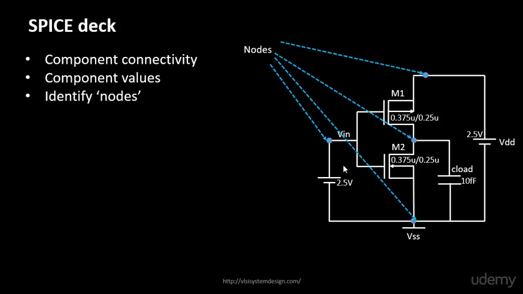For example, this M1 transistor is defined between three nodes: this node, this one, and this one. There are no components connected between this node and the transistor, so we can very easily define this particular transistor between these three nodes.